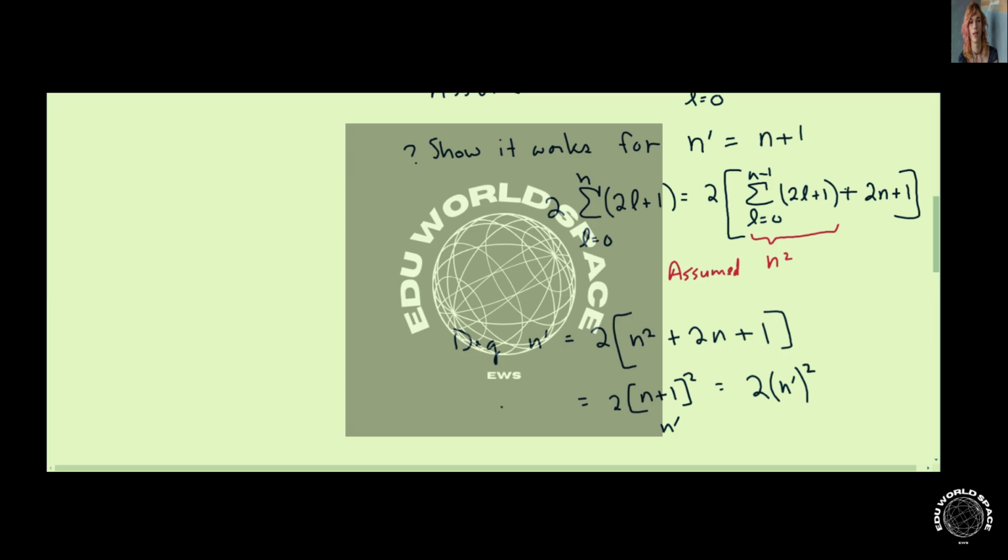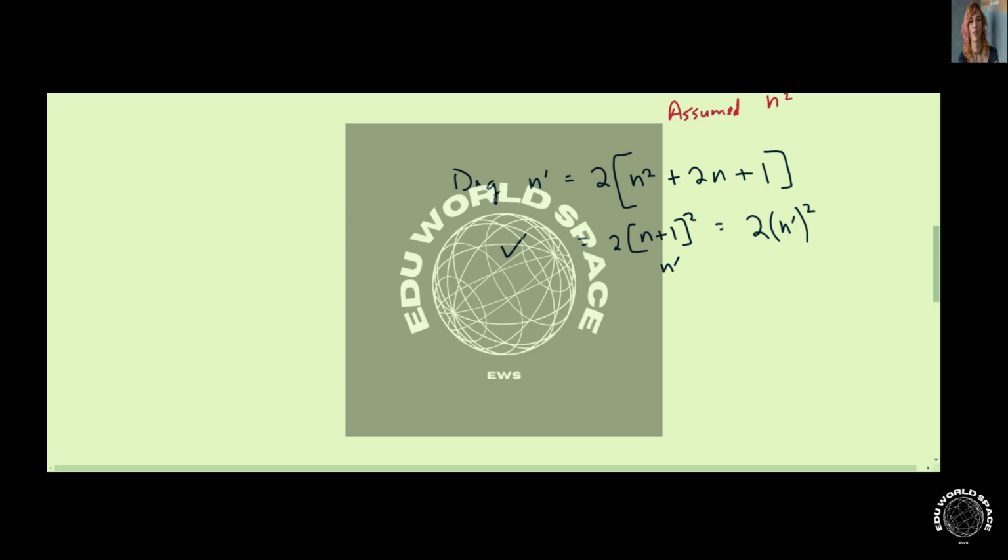So what we have basically shown through induction is that if the sum of 2L plus 1 from L equals 0 to n minus 1 is equal to n squared, it is true for all n.